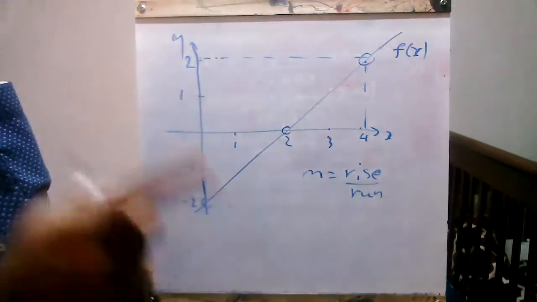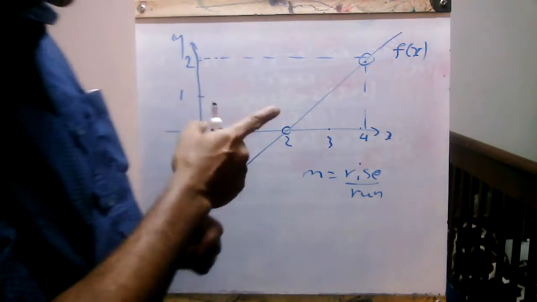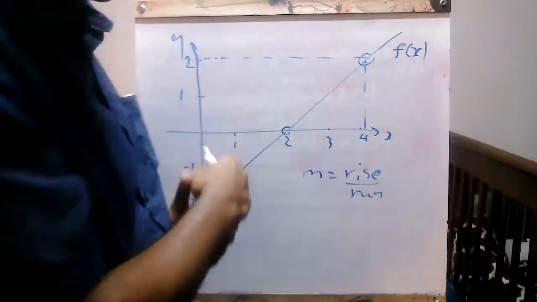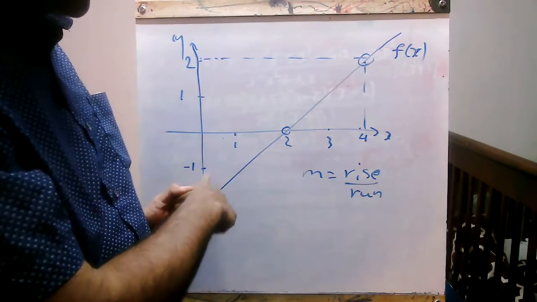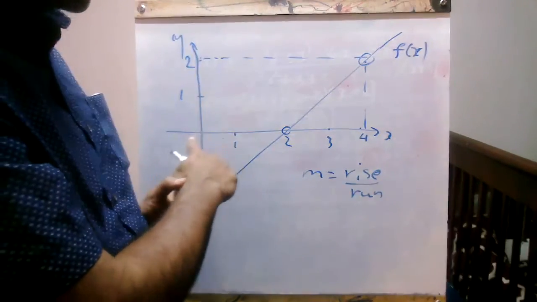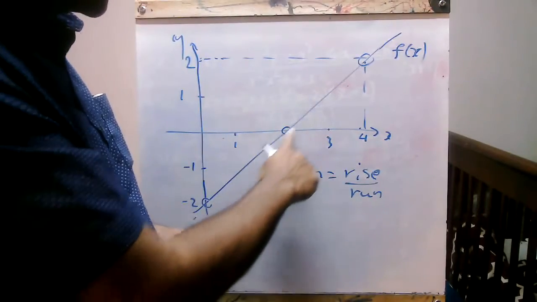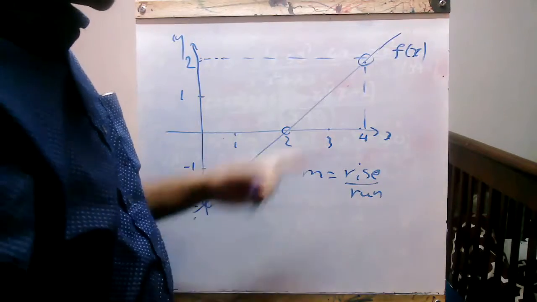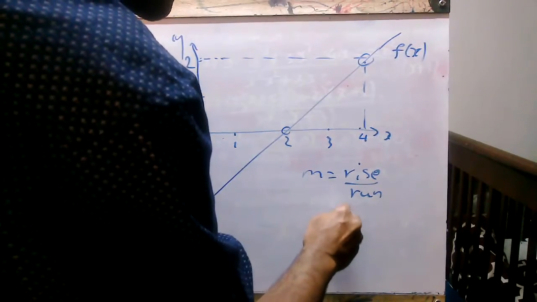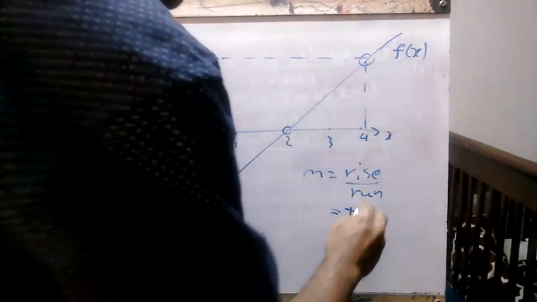The sign we take by looking at the graph. You remember what I told you in class? When you move your eye from left to right, if you see the graph going up, it has a positive slope. We already know, therefore, this has a positive slope.